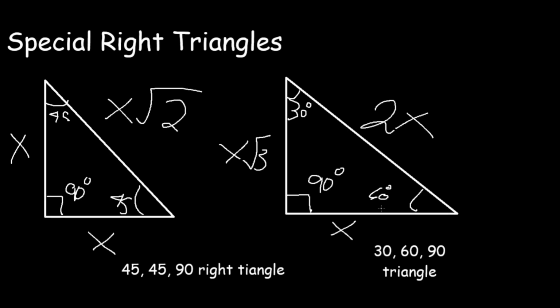And like our 45, 45, 90 triangle, we will also have ratios between each side. Here we have x radical 3, then we have x here, and then we have 2x. Now these ratios will come in handy for you in the future when you take your SATs. It'll be a really quick shortcut, and it'll also be helpful during your Algebra 2 classes, as you will also be learning that.